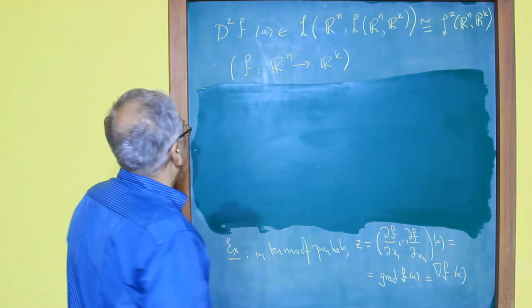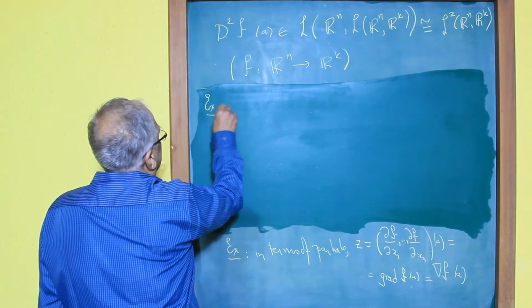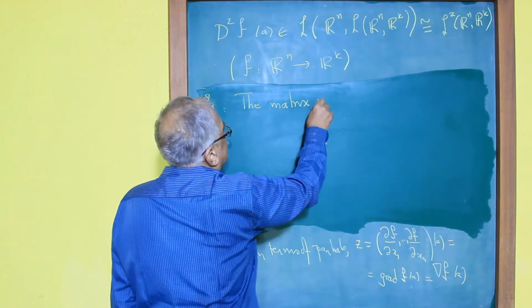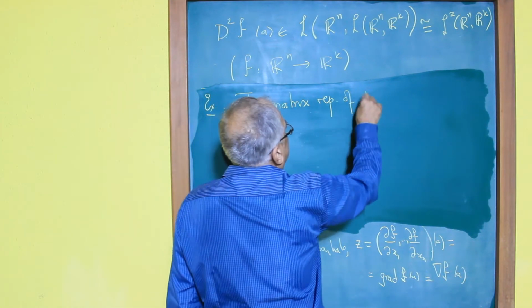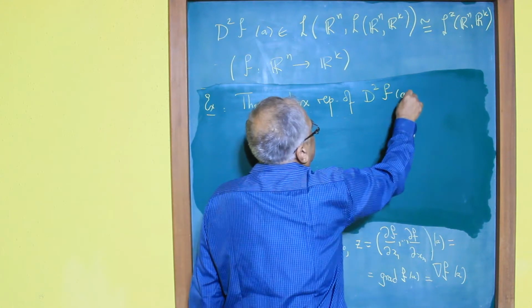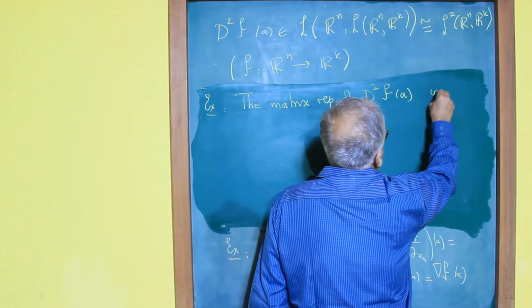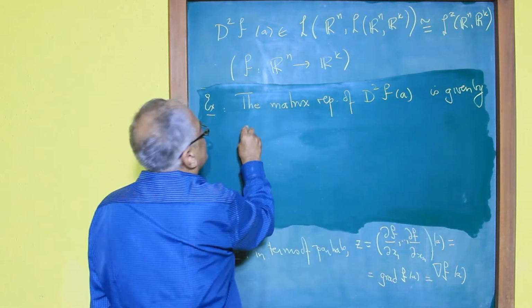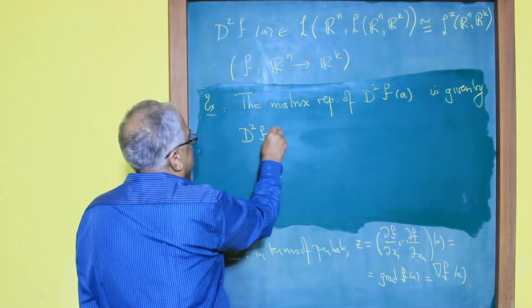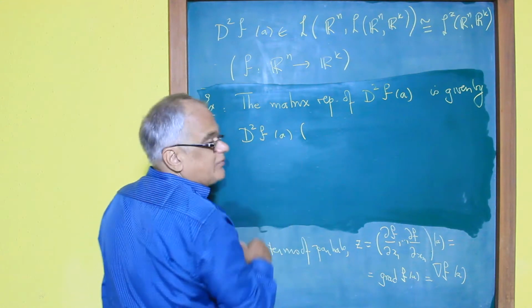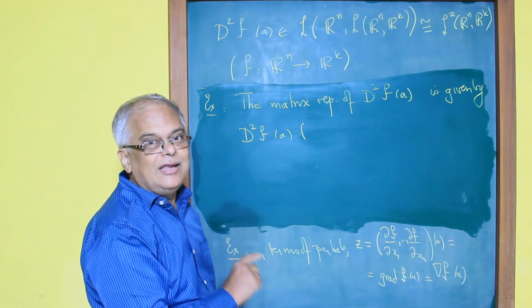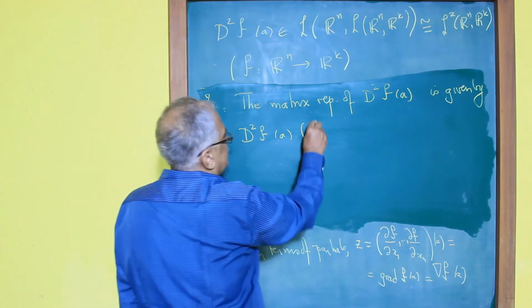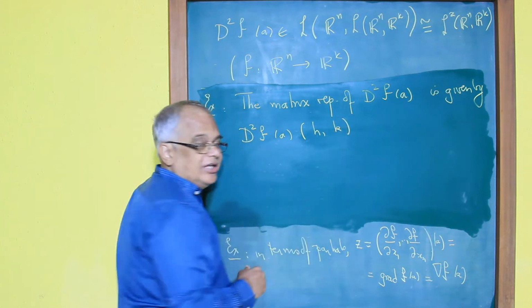So you should be able to prove that d2f at a should be a bilinear map from Rn to R. So it should tell you what you do at two vectors h and k.